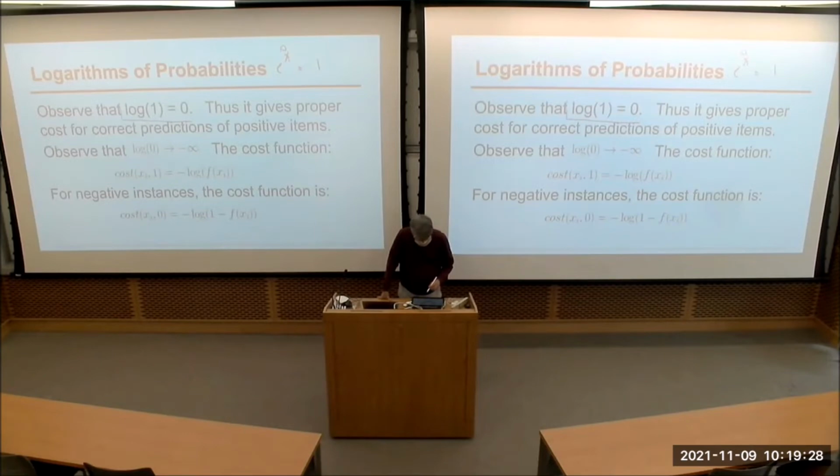So log of 1 gives us what we wanted as the value for the positive thing. If the item was actually positive, if the probability was 1, log of 1 is the correct cost for a positive item.